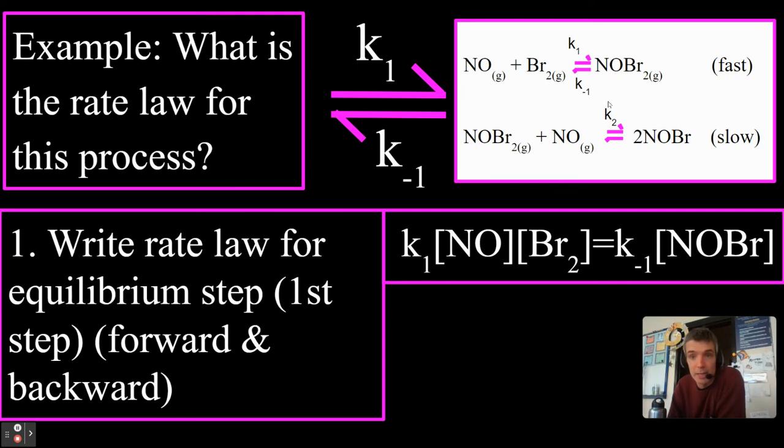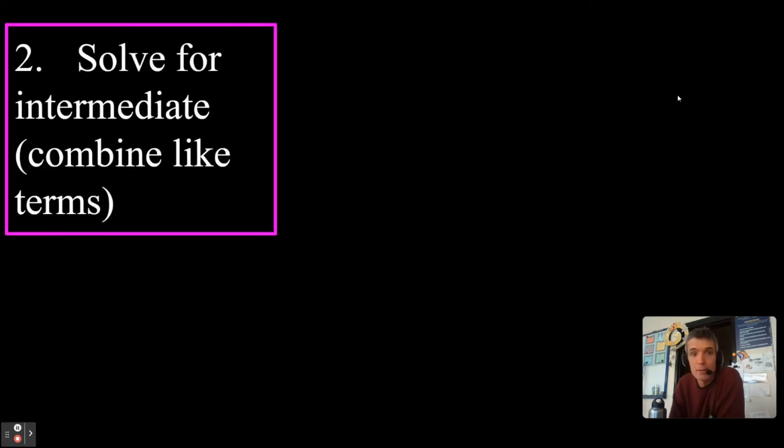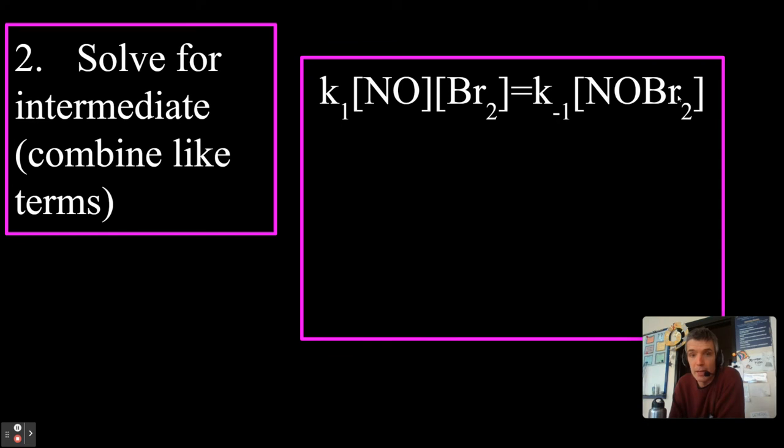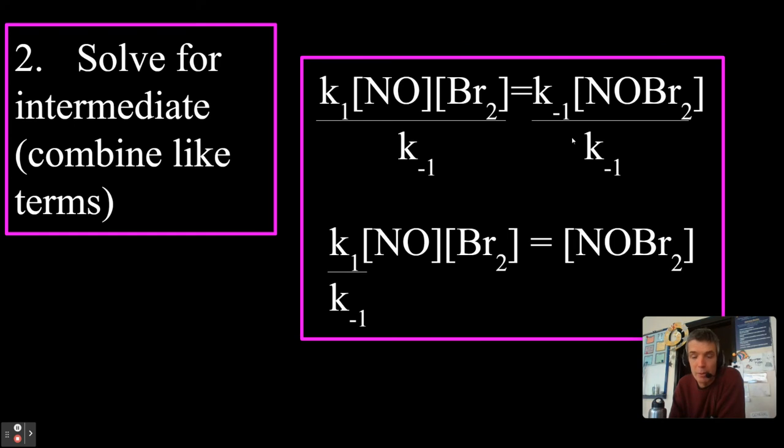It's the NOBr2. So on the next step, I want to solve for that intermediate and then combine like terms as it says. So here's my intermediate. To get it on its own, I want to divide both sides by k minus 1, and there's my equation solved for the intermediate.